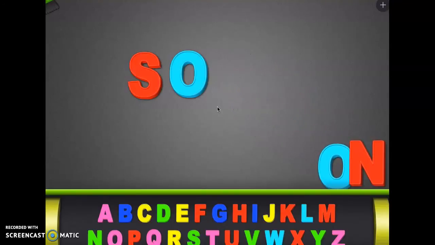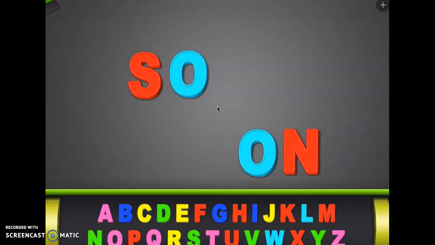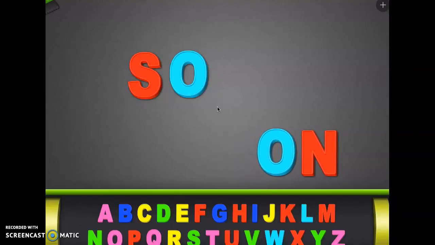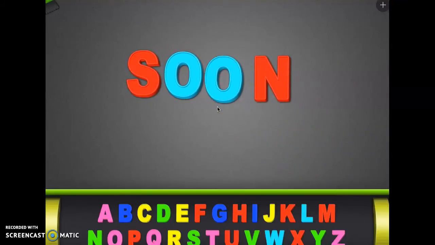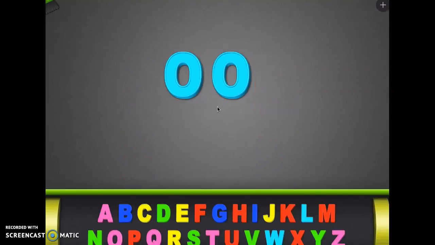What about this word? If I take away the O and the N at the end, we have the word so. But look down here, we have another word. O-N says on. We put so together with on, and what do we have? Soon. Very good. Goodbye, S. Goodbye, N.